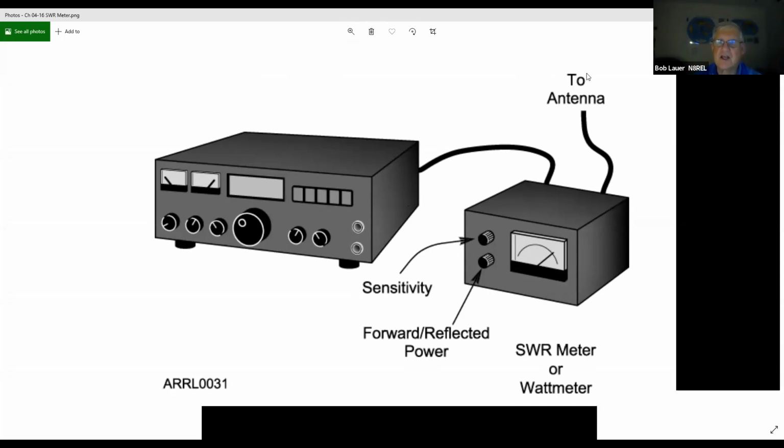And that is, it's connected between your transceiver and your antenna. Okay, the antenna comes in and you connect it right there. I'm not sure that's obvious, but now you know.